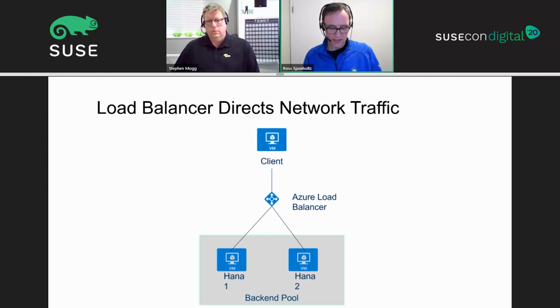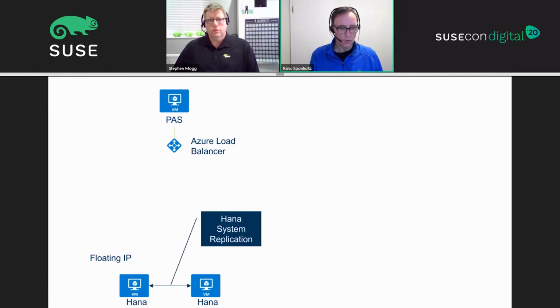So we're going to go into a little detail of exactly how this works. So starting off, HANA 1 is going to be the primary machine, and we set up HANA system replication between the two nodes. So HANA 1 is going to be the primary, HANA 2 is the replica.